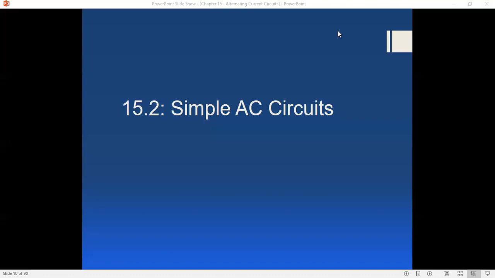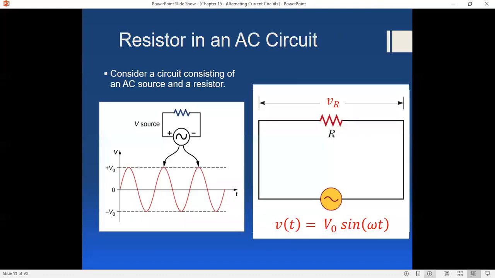Okay, so let's get started with our simplest example here. And the simplest example here is going to be, of course, the resistor. So what we have here, and you'll notice that I represent an AC power source with a circle and a squiggle right here.